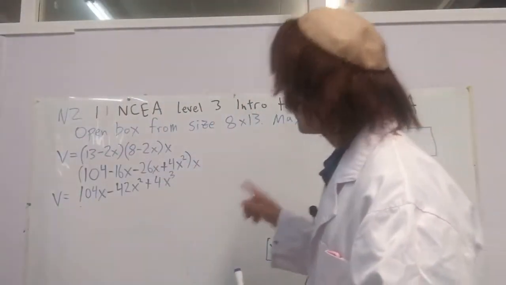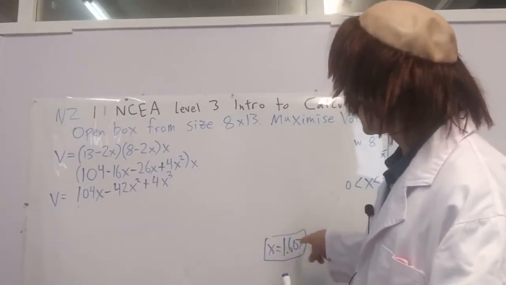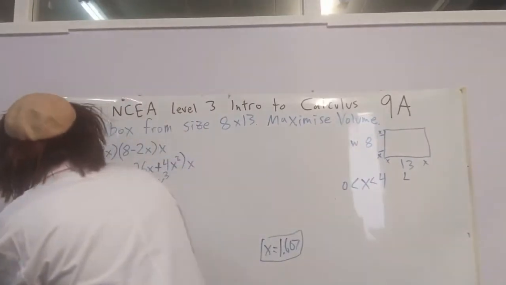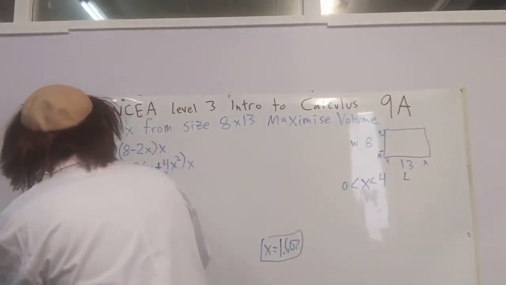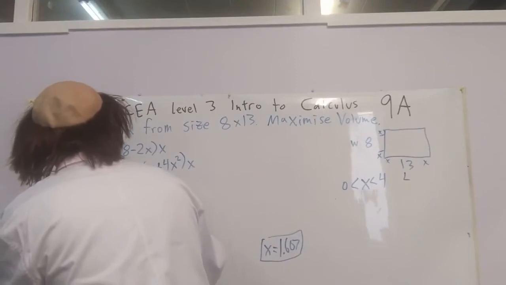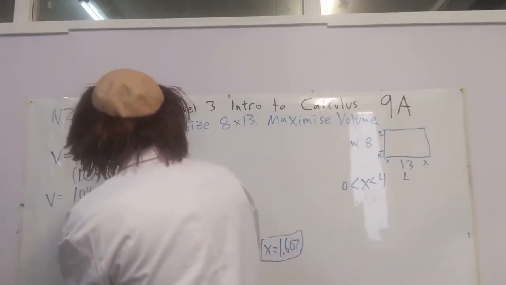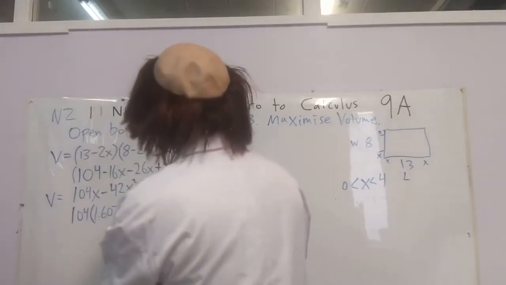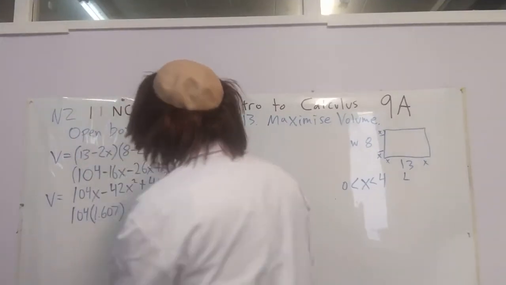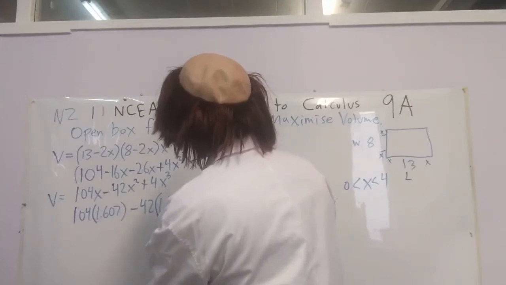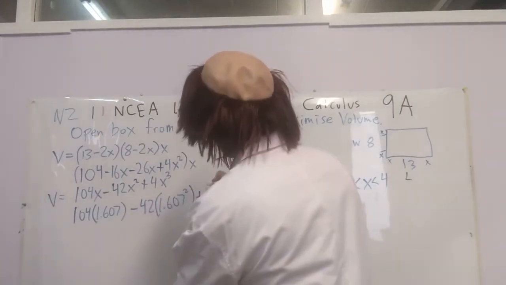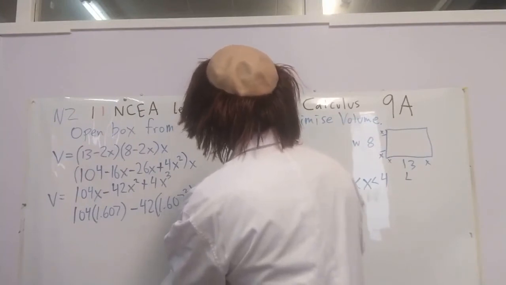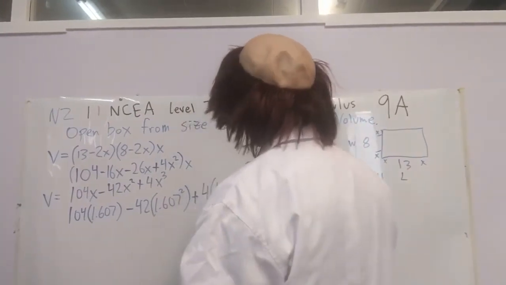Okay, so what we're going to do is plug in 1.607 for all of these x's here. So we'll get 104 times 1.607 minus 42 times 1.607 squared plus 4 times 1.607 cubed.